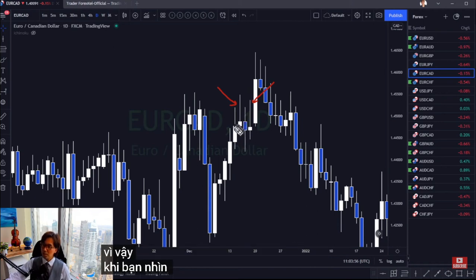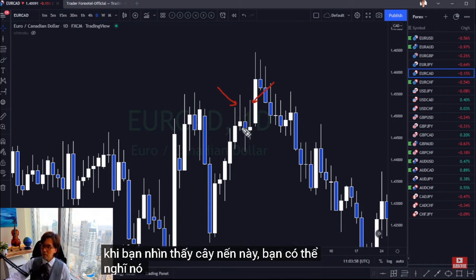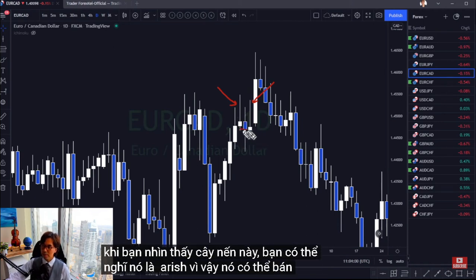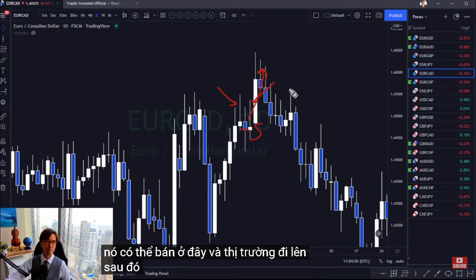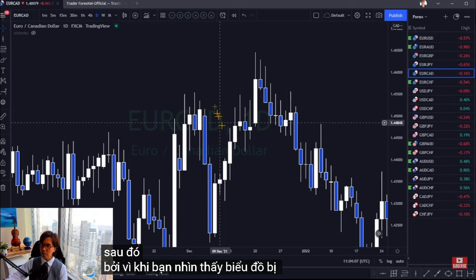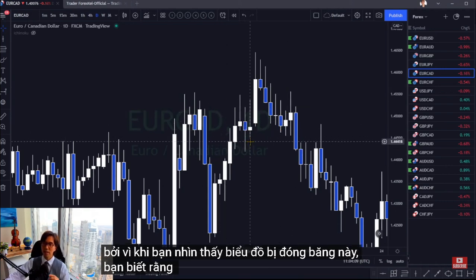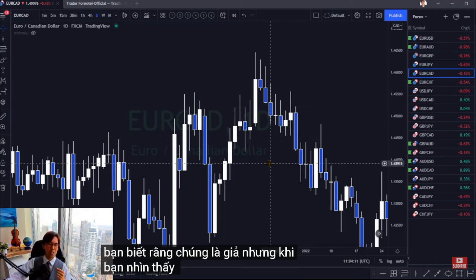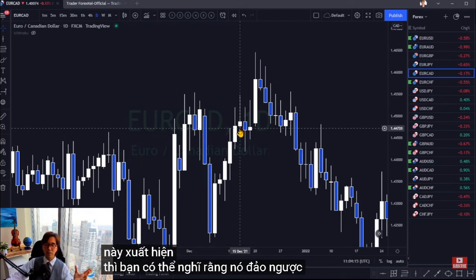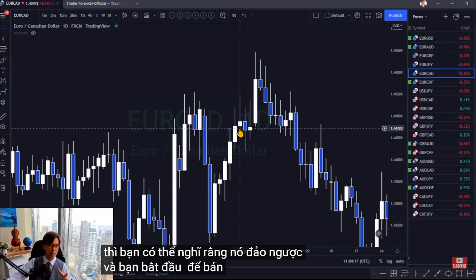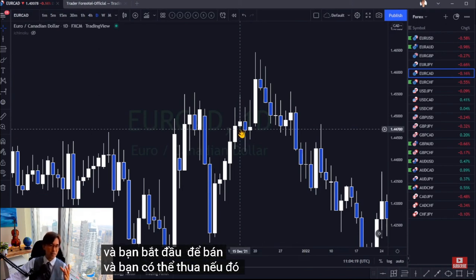So when you see this candle, you might think it's bearish and you may sell here, and the market goes up afterwards. When you see this frozen chart, you know that these are fake. But when you see the real moving chart and this appears, then you might think that it's a reverse, and you start to sell, and you might lose if it's fake.